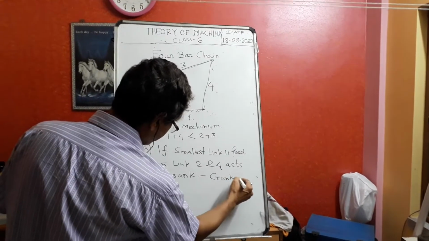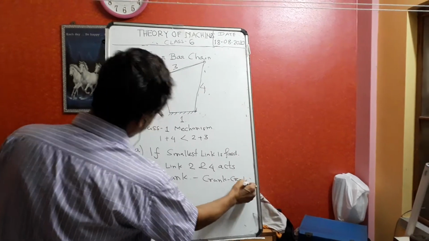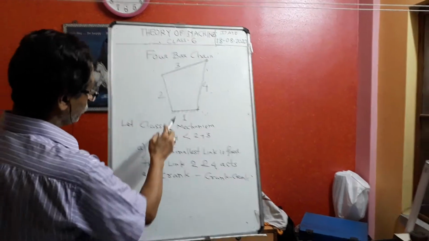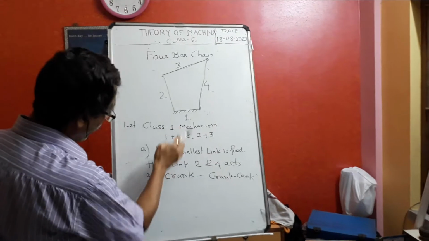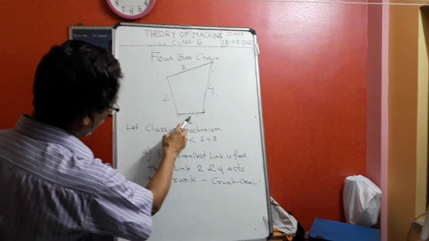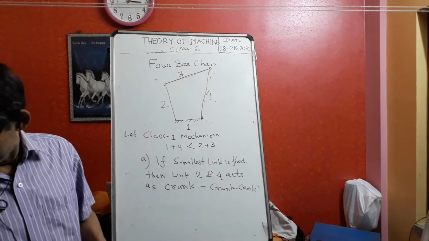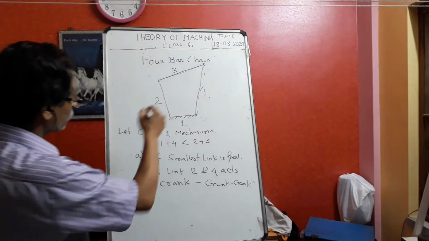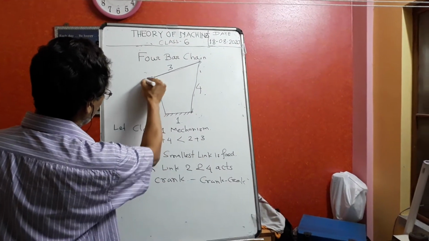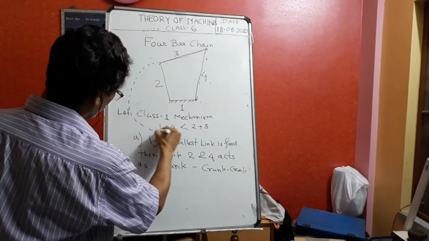What does it mean? Here are links 1, 2, 3, 4. Which link have I fixed? 1, the smallest. Then link number 2 will act as a crank. It will be able to rotate.